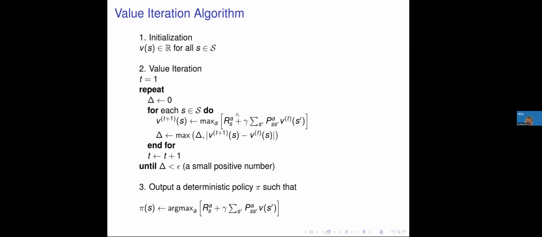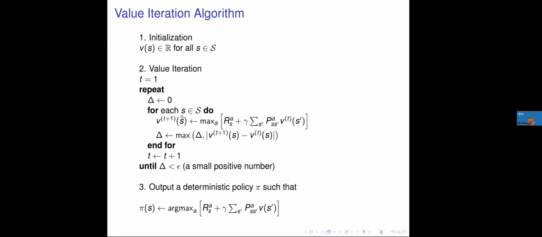All right, so this is the algorithm flow for value iteration. You can see that the structure is simpler than policy iteration, because in policy iteration, there's an outer loop and also an inner loop, because the inner loop is used to evaluate the policy. But for value iteration, there's just an outer loop.